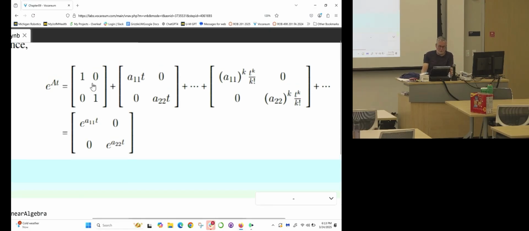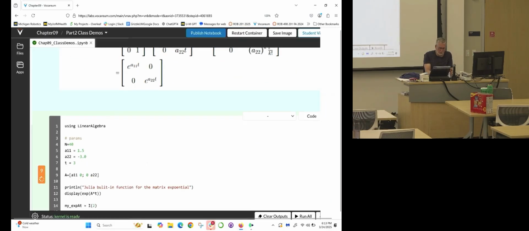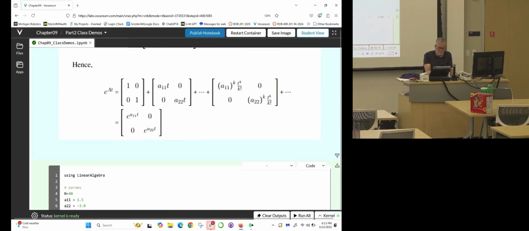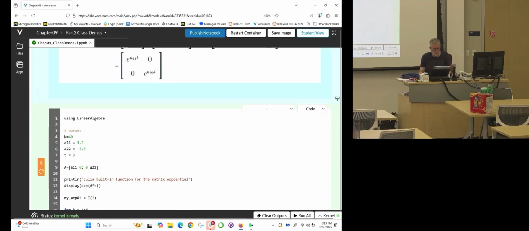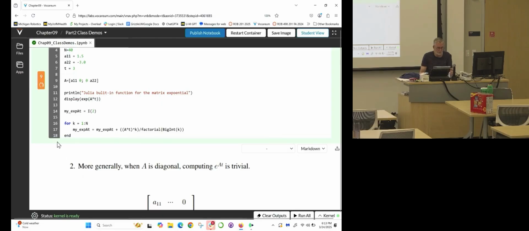You can see here, the matrix exponential of a diagonal matrix is a diagonal matrix with the exponentials on the diagonal. So for simple things like diagonal matrices, you can do this in closed form.